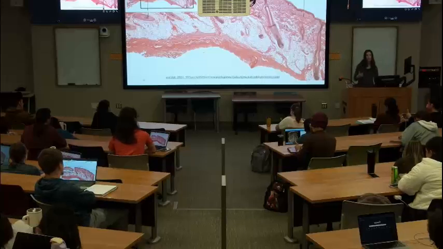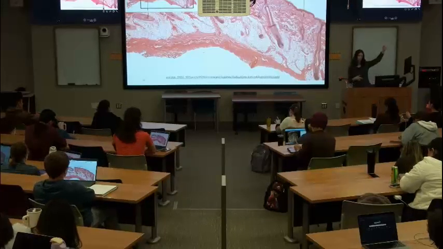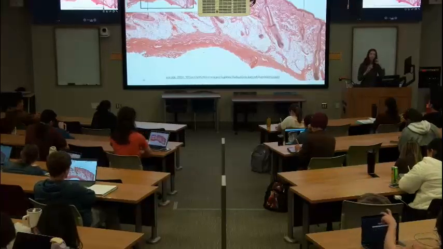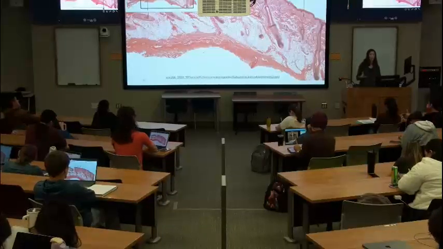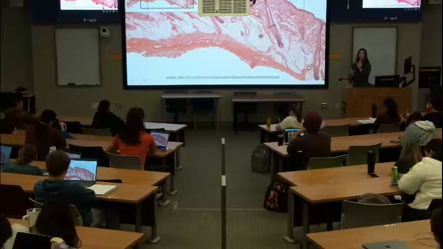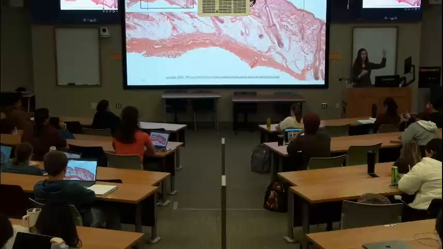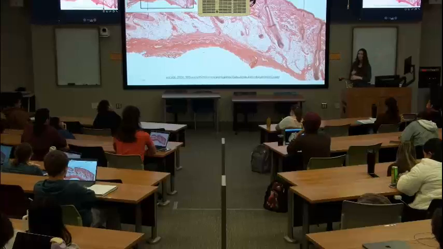That's an erector pili muscle. If you zoomed in on that, you'd see it's a bunch of smooth muscle cells which are just moving down towards the follicle. Sometimes they look a little bit thicker than that. Sometimes they look exactly like that. Sometimes you just see patches because it might be of an erector pili that's going in a different direction. This one, it's caught pretty much perfectly, so you can see the whole thing.